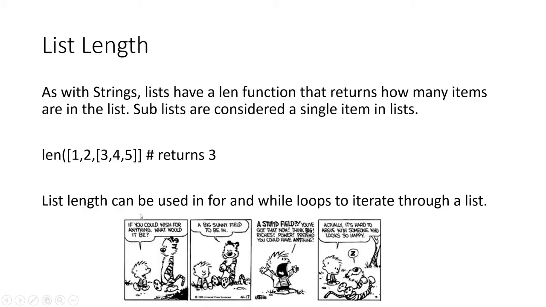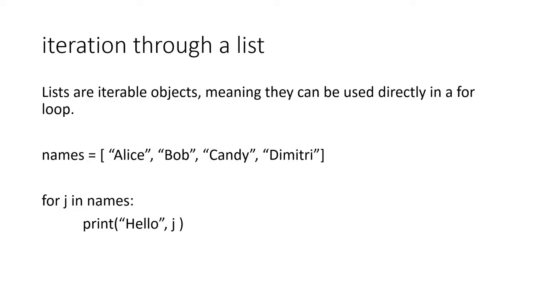You can use list length with for loops and while loops to help iterate through a list. Another common way to iterate through a list is simply to use it inside of a for loop. A list is what's called an iterable object, which means that the Python interpreter knows how to move through it automatically.